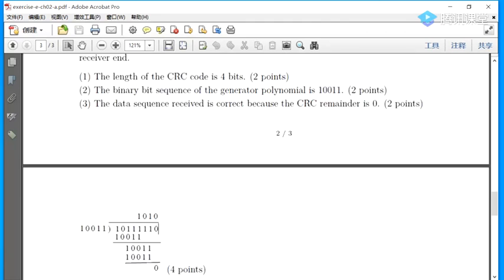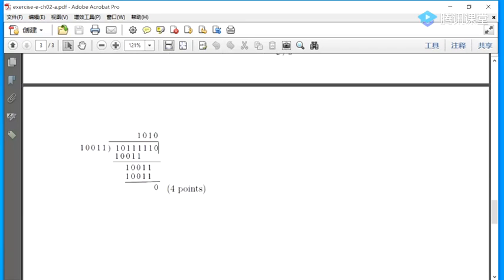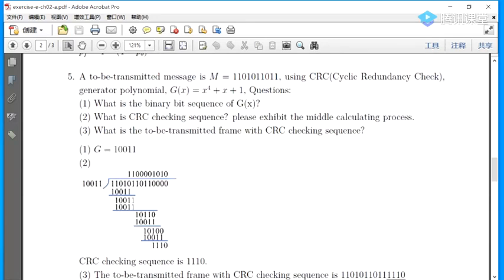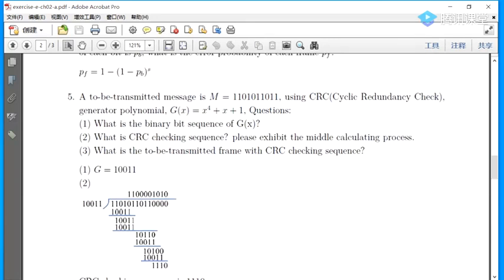Do you understand? That is the difference between the receiver and the sender calculation of CRC.